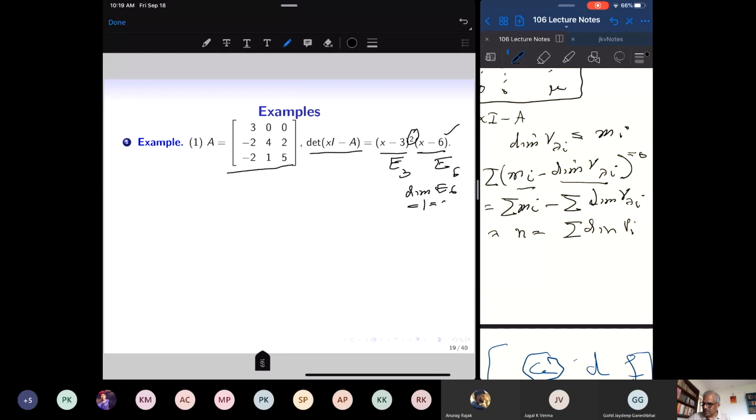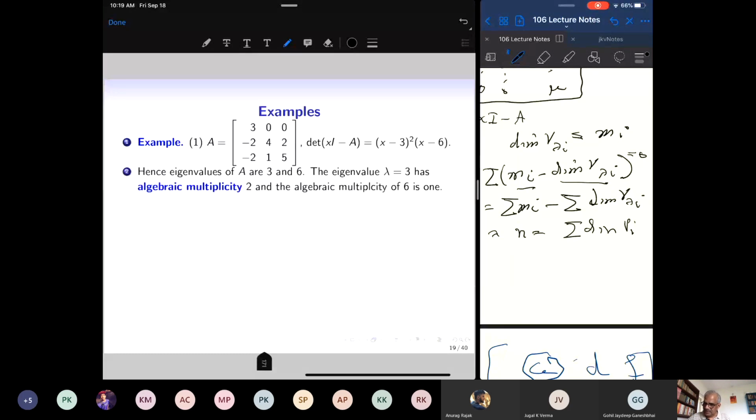So I have to just look at the eigenspace corresponding to the eigenvalue 3. Eigenvalue 3 has algebraic multiplicity 2, because that is its multiplicity as a root of the characteristic polynomial, and the algebraic multiplicity of 6 is 1. Now let's find the eigenspaces V3 and V6.